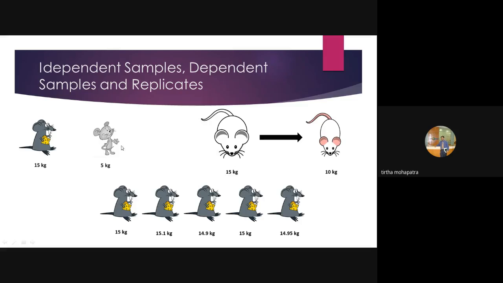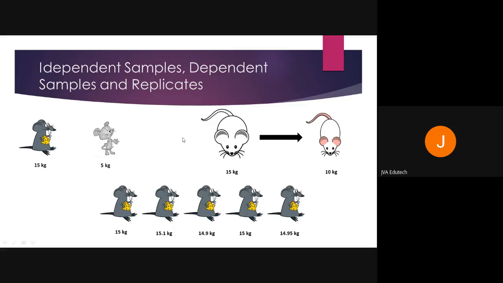Now I have put the same rat, one rat who was weighing 15 kg, on a diet, and after some time I measured its weight, it got to be 10 kg. This is the case of dependent sample. The rat remains the same. It's only a matter of time when it was given a treatment of dieting, its weight changed, and whether this change is significant or not.